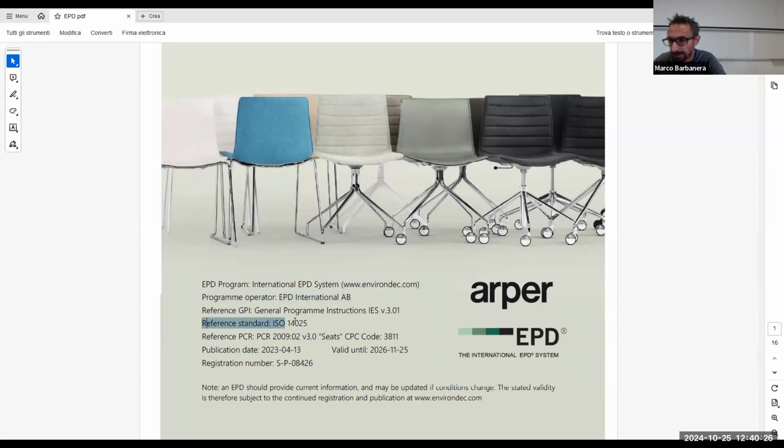You can find the reference standard, ISO 14025, the name of the product category rule, in this case, the product category rule is this one, the publication date of the EPD, and the deadline of the EPD.